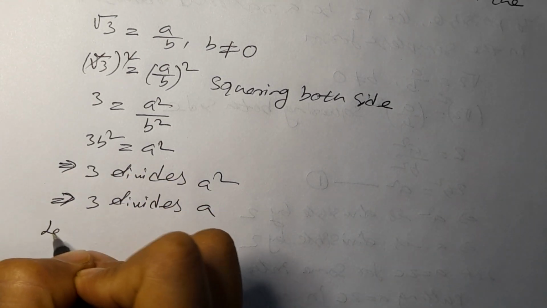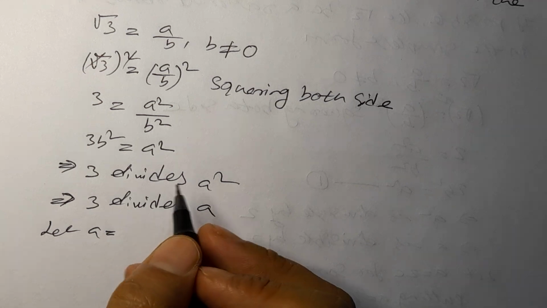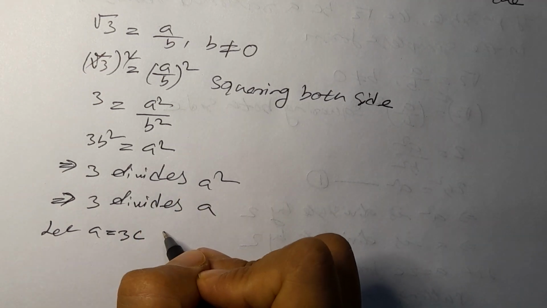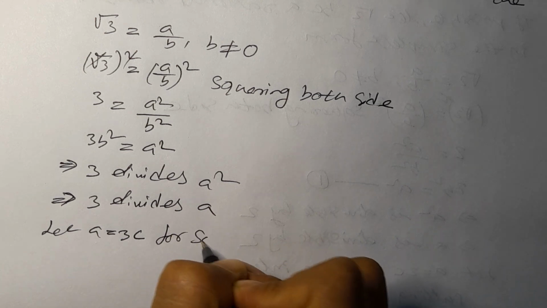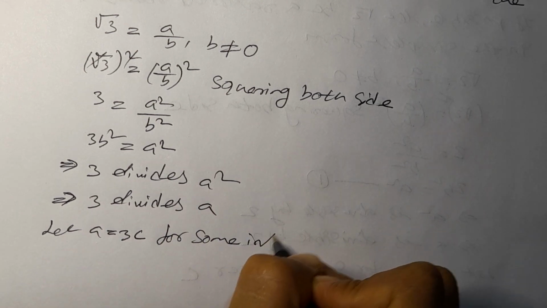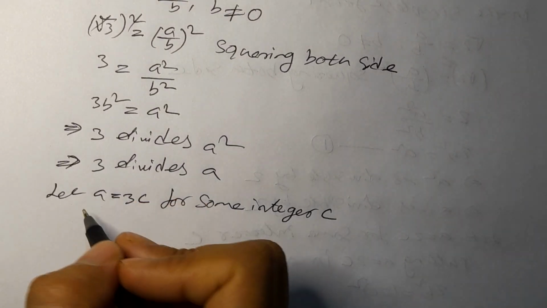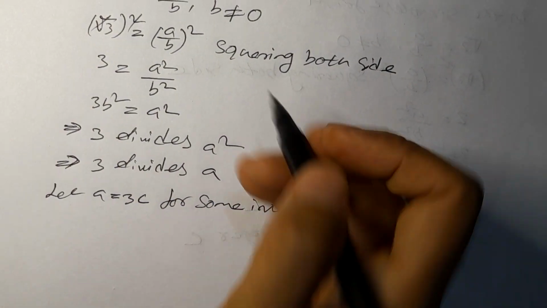Let a equal to, because this is root 3, now we will write 3c for some integer c. Now this will be equation number 1.